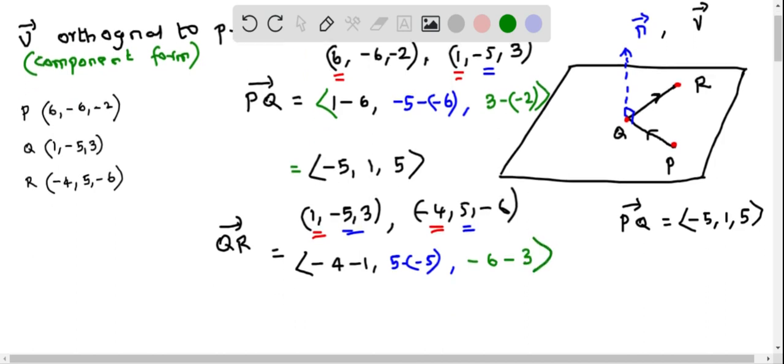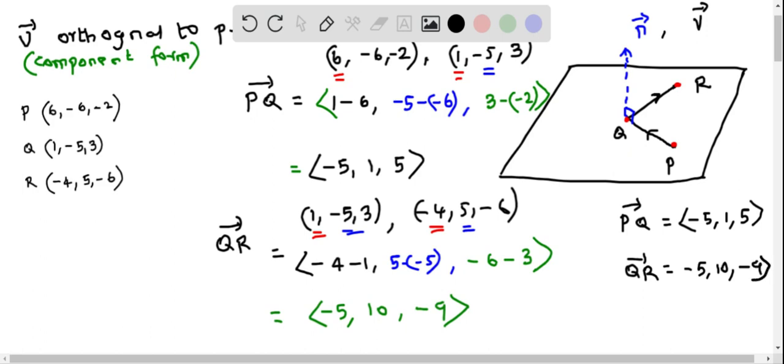So we can simplify this. This results in -4 minus 1 is -5, and 5 plus 5 is +10, and then -6 minus 3 is -9. So basically we get the QR vector in component form as -5, 10 and -9.